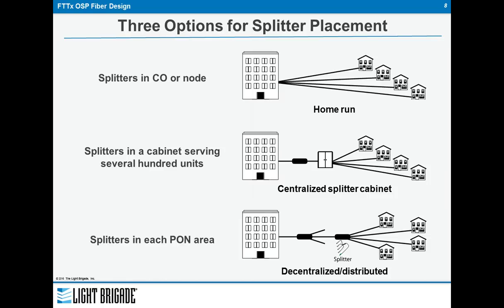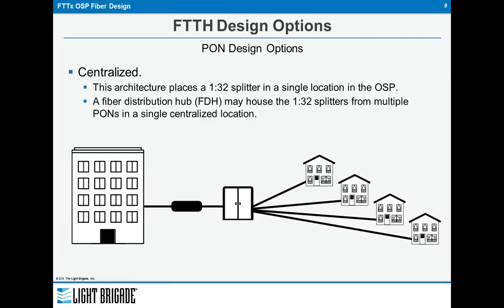That same argument would hold true for a centralized. Centralized, we move the splitters out of the central office and put them in a cabinet. We could call that a splitter cabinet or a fiber distribution hub. This cabinet does not require electricity. All the componentry within it are passive, which is one of its biggest advantages.